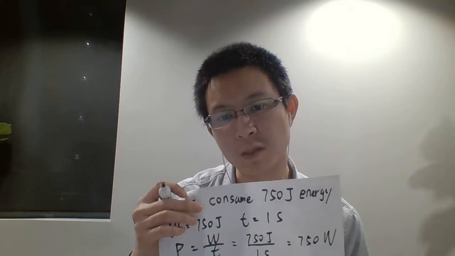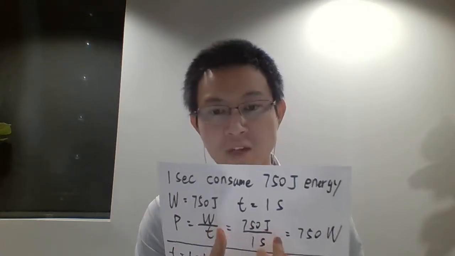That gives T equals 1 minute, which, for our calculation, must be in seconds to match the units. So this is 60 seconds. And P equals 750 watts, where the unit of watts is joules per second.